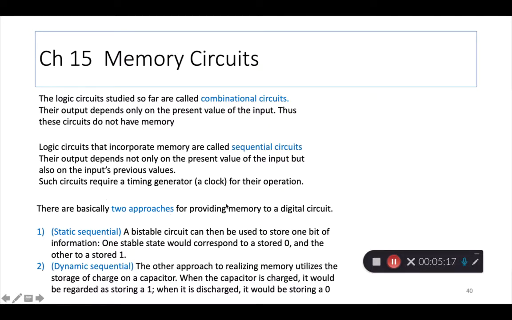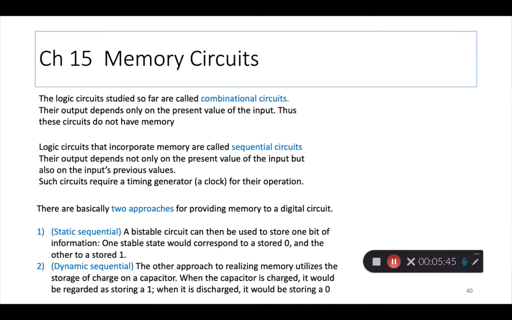There are two approaches for providing memory to a digital circuit. The first is static sequential. Remember, all memory circuits are sequential circuits. A static sequential circuit is a bistable circuit that can be used to store one bit of information. A bistable circuit means it has two stable conditions.